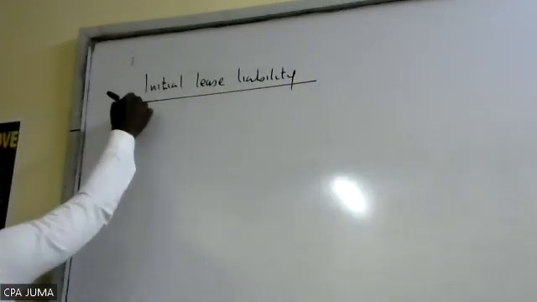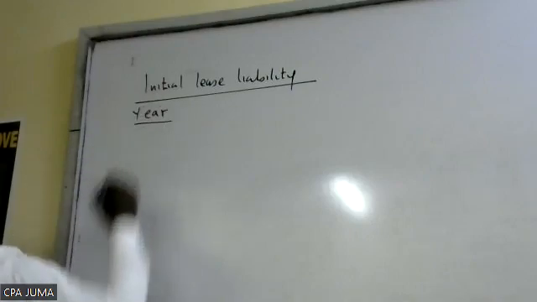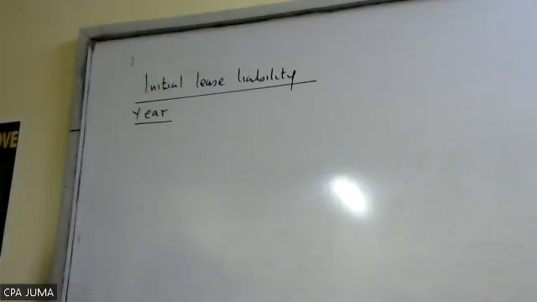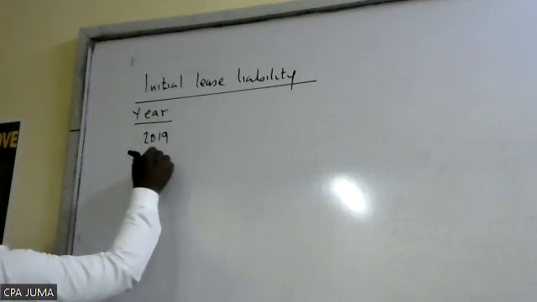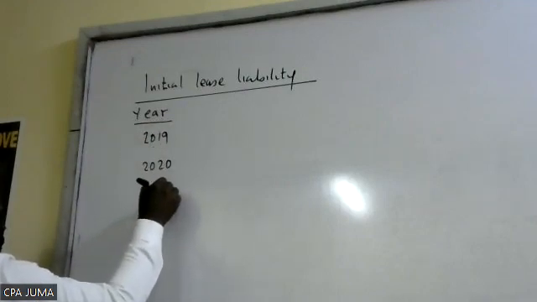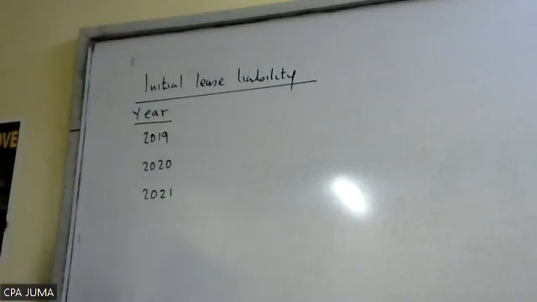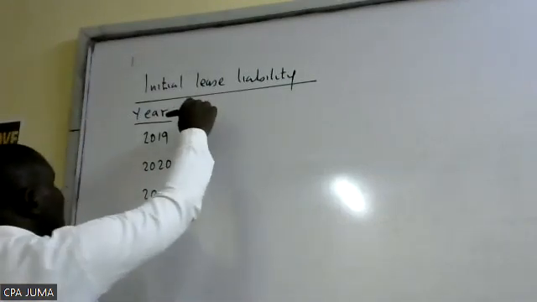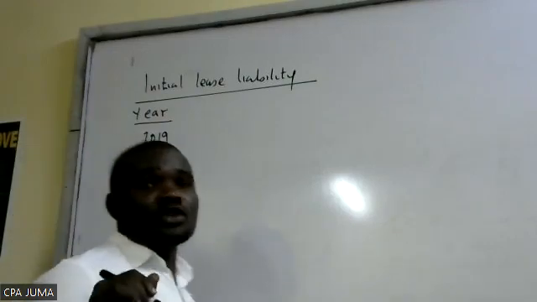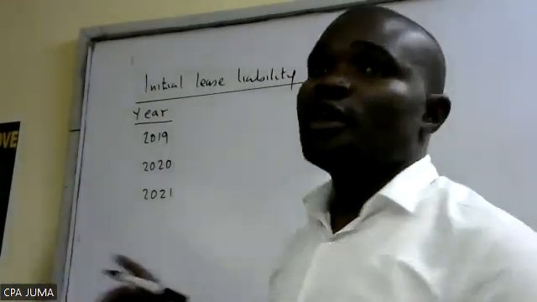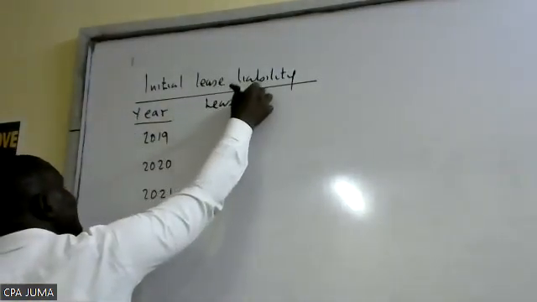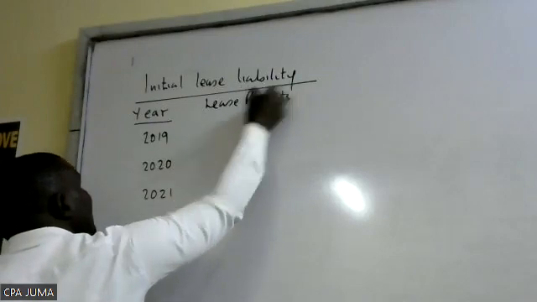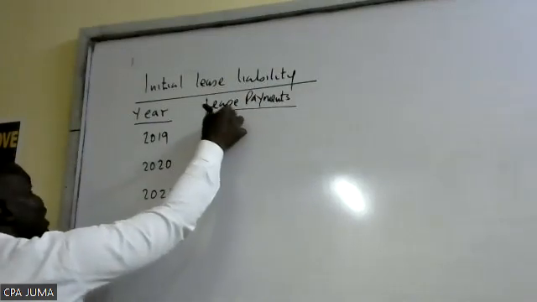So the initial lease liability, you can say here, it was 3 years, starting when? January 2019. So 2019, 2020, 2021. So to know present value, you know what you will be doing. The constant cash flows which they will be paying is 500, which we call the lease payments. So lease payments, they will be paying how much? 500.